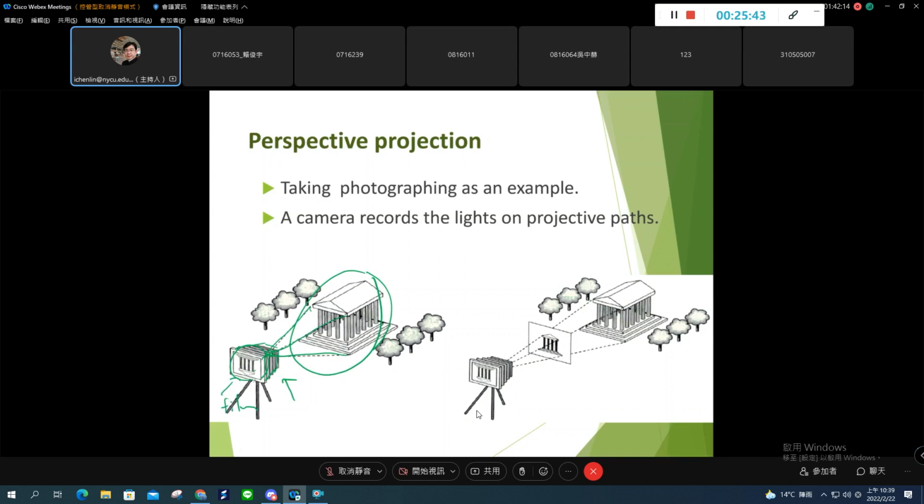And if you put a virtual plane here and record every passing light, you will see the image appears on the film. So this idea is called perspective projection. Perspective in Chinese is called 透视图.